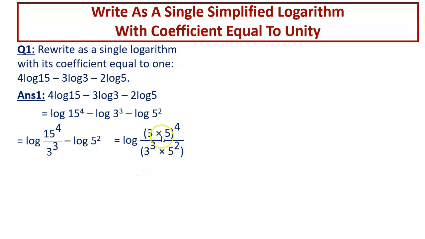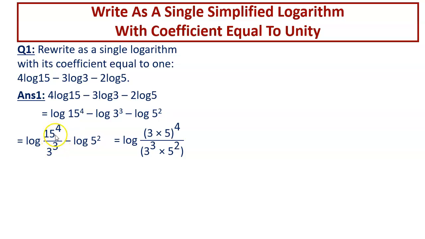And you can just find what is 15 raised to the power of 4 and what is 27 times 25, and you can write the numerator and the denominator. But that will not be a simplified log term. It will be a single log term with a coefficient equal to unity, but not a simplified log term. That is why I have written, we have to simplify as well.